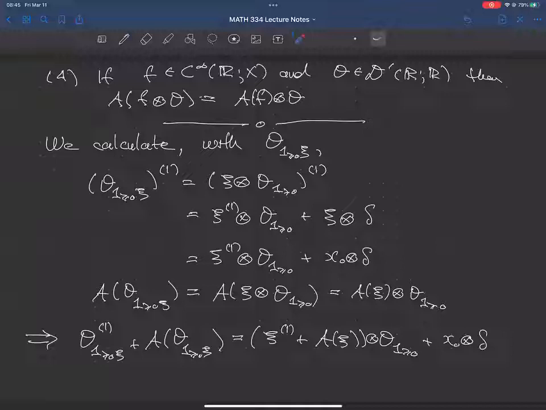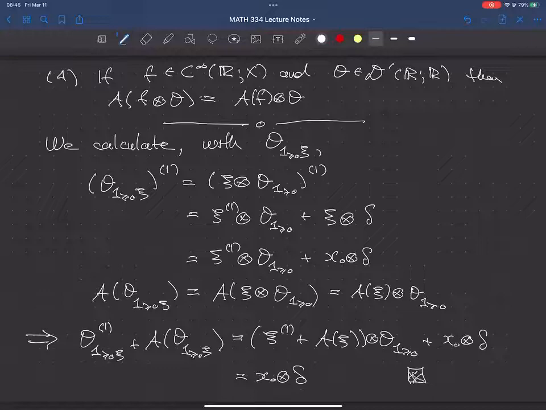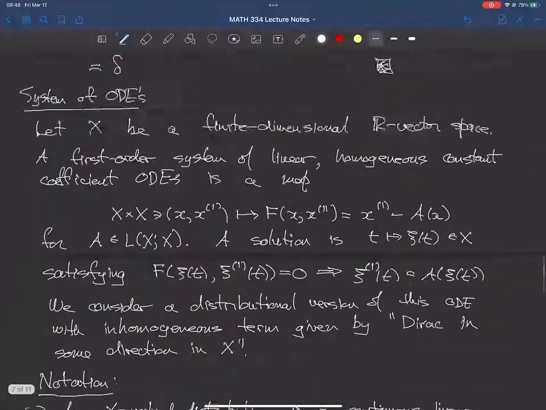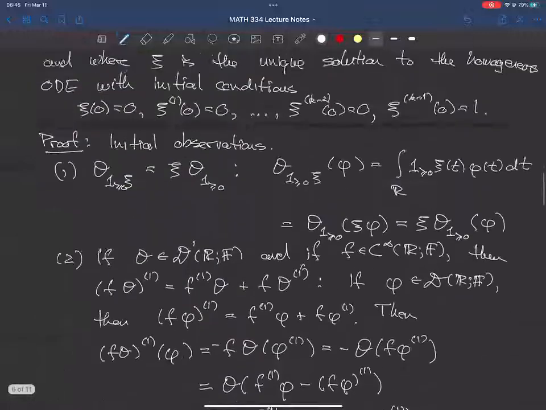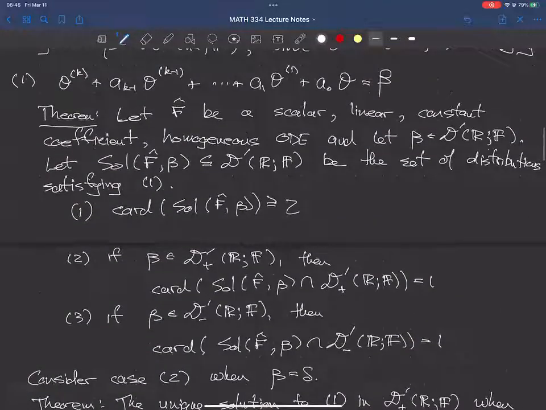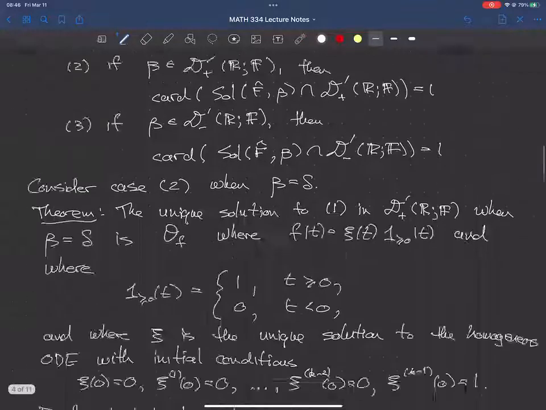And now, because C satisfies the homogeneous equation, this is equal to 0. And so it satisfies the differential equation. And uniqueness, I didn't state it, but you had this theorem up here about uniqueness of distributional solutions that I stated in the scalar case. It's unsurprisingly also true in the vector case.